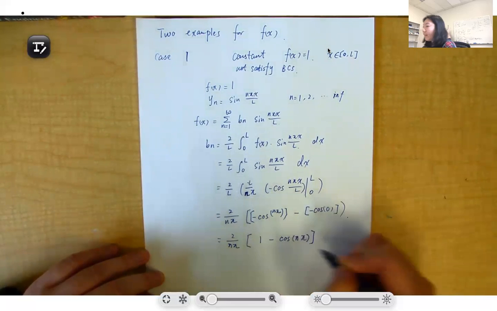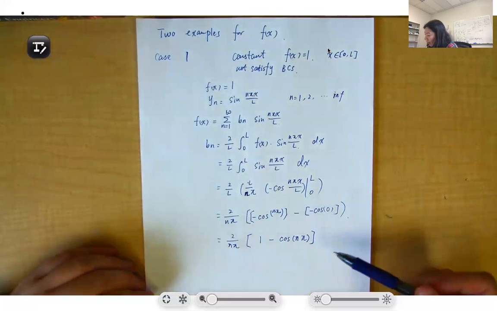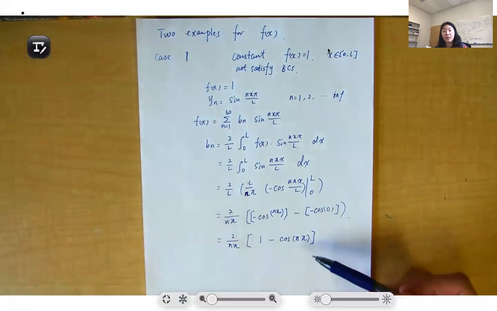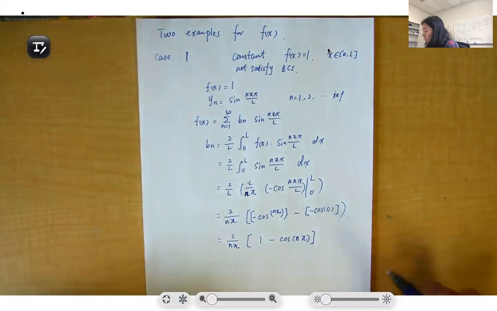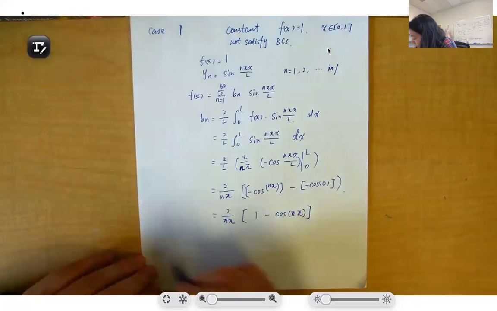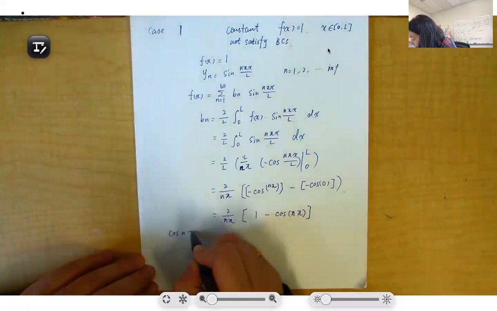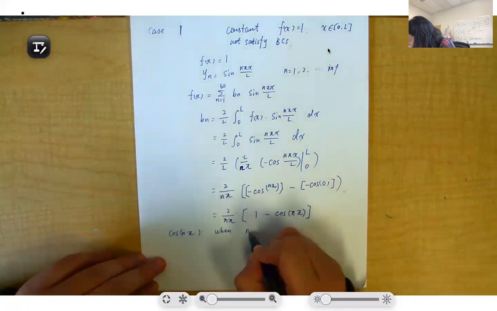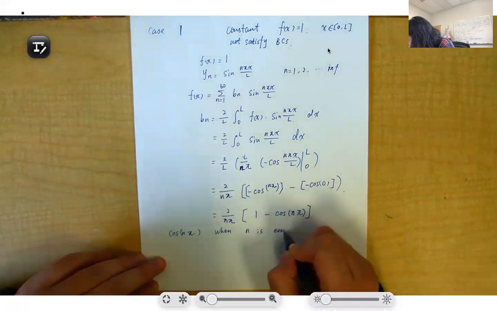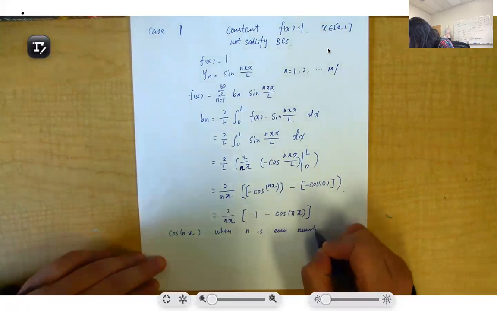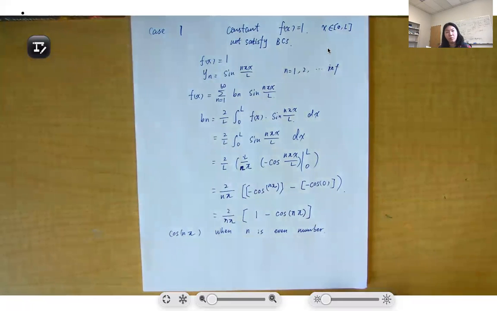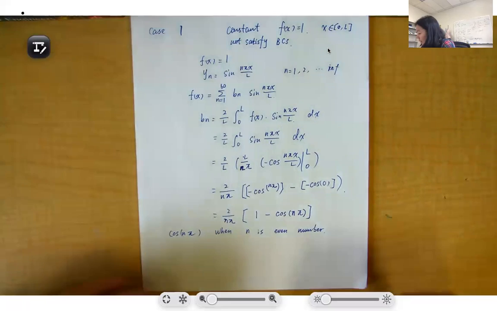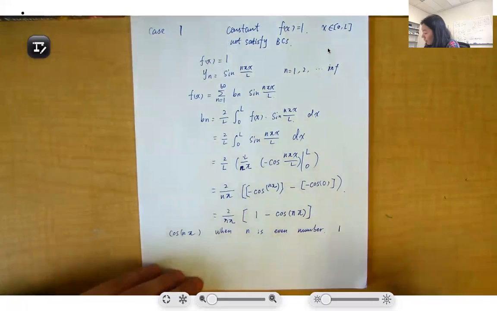Okay. And this cosine n pi, when n is an even number, for example 0, 2, 4, 6, will be equal to 1.